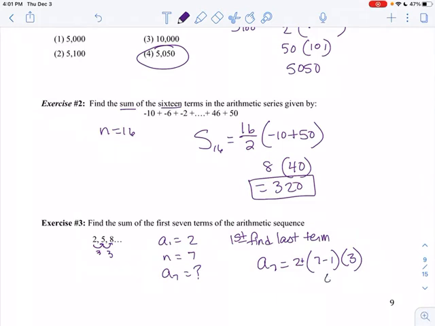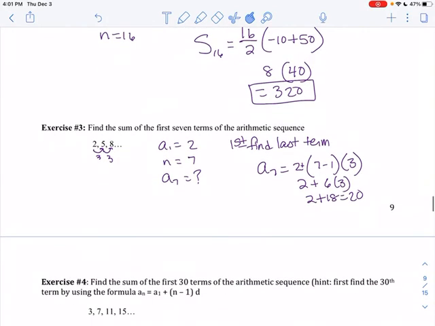So 7 minus 1 is 6, 6 times 3 is 18, 18 plus 2 is 20. So now I know my last term is 20. All right, now I can find the sum of all of them. So the sum of all 7 is 7 divided by 2, parentheses, first term, plus that last term, which I just figured out was 20.